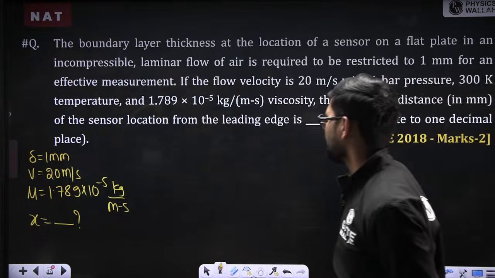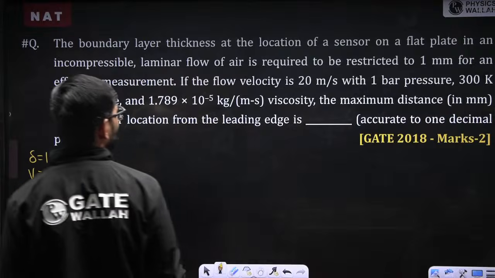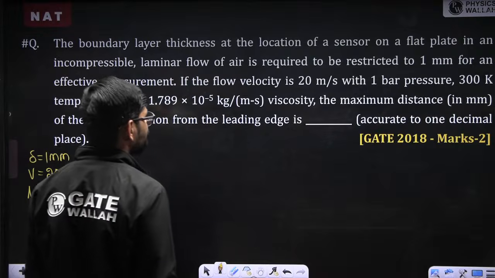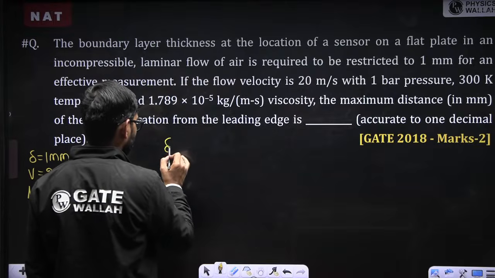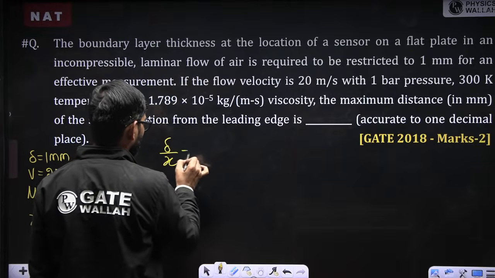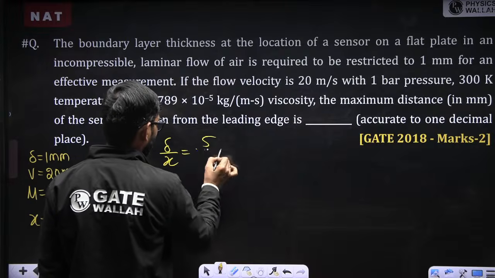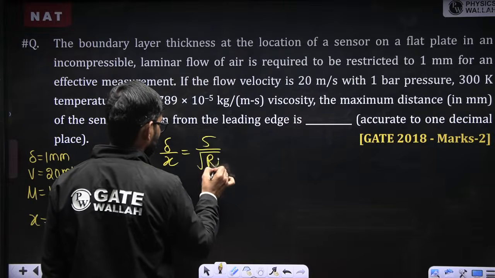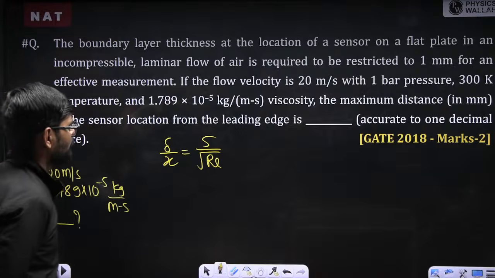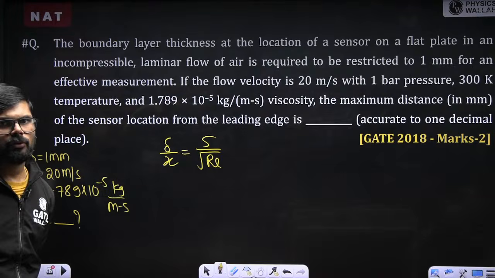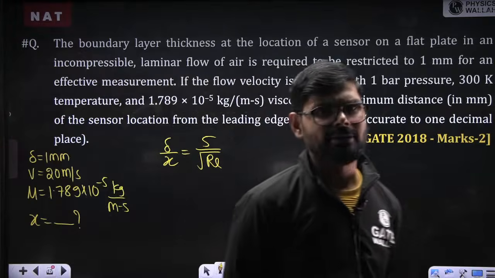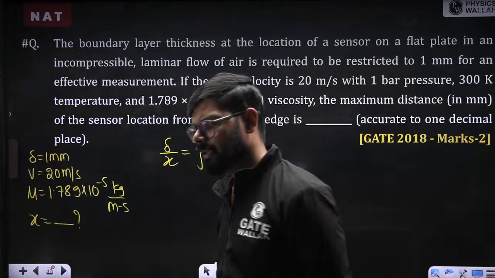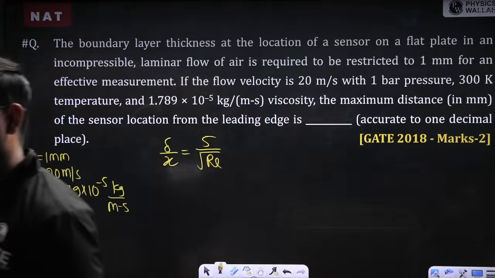So here you can write the boundary layer thickness for laminar flow. Delta by x is equal to 5 by under root Re. This formula we need to use. Actually this is k by under root Re, but k value is 4.91, very close to 5.